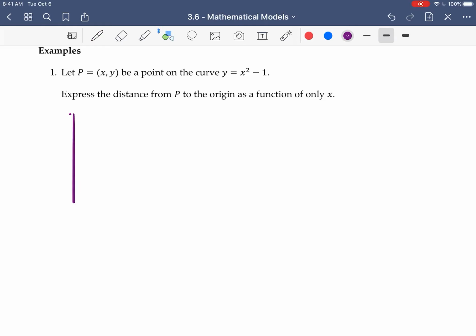We have our axes. Now, we know what x squared minus 1 looks like. It's the graph of y equals x squared, but shifted down by 1. So it looks something like this. It's a parabola that's been shifted down by 1.